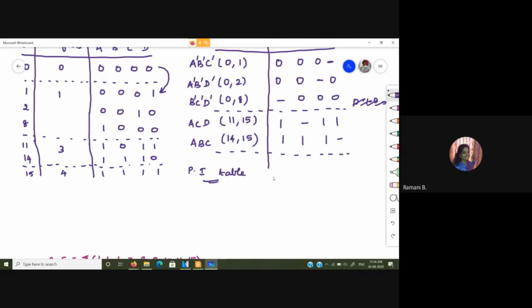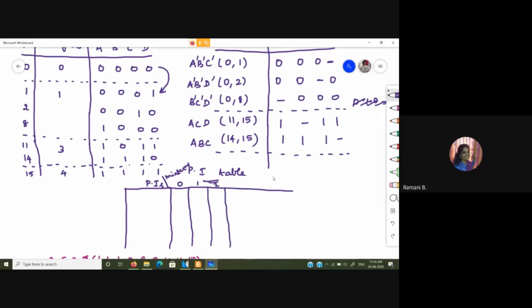For that we write the prime implicants, and we write the minterms also, whatever is given in the question. So we have 0, 1, 2, 8, 11, 14 and 15.